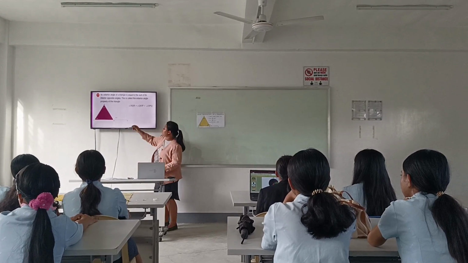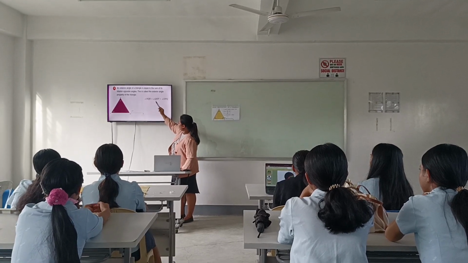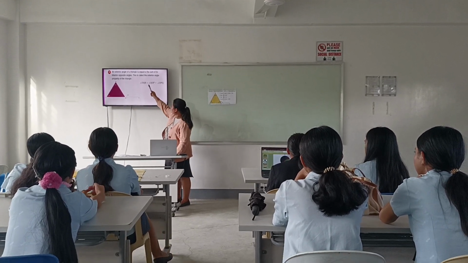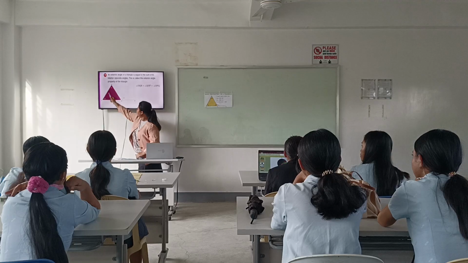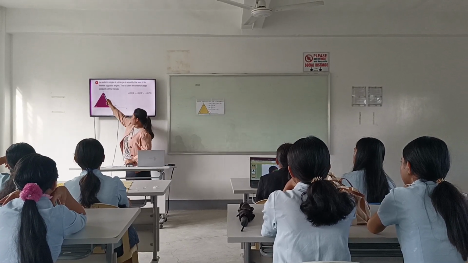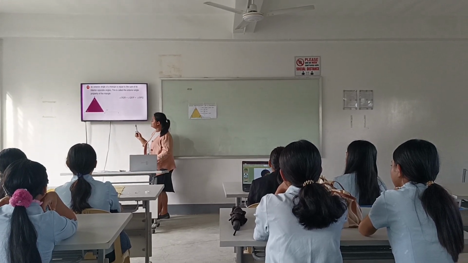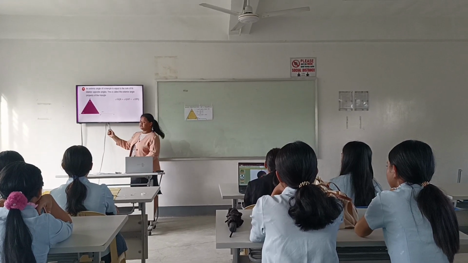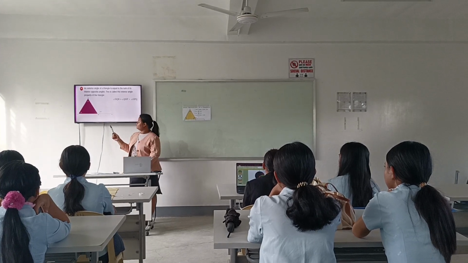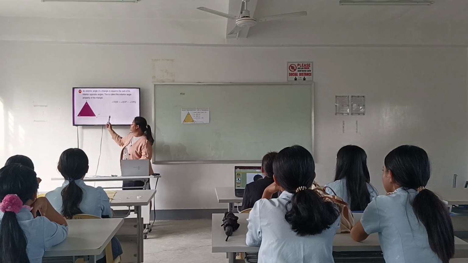It is equal to the sum of the measure of angle QOP, 61 degrees, plus the angle OPQ, which is 69. If we add 61 degrees plus 69 degrees, it will be equal to 130 degrees.